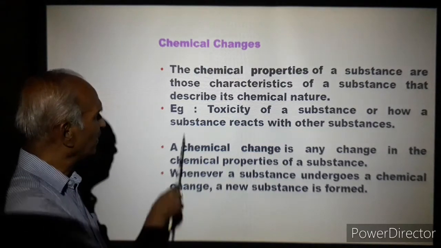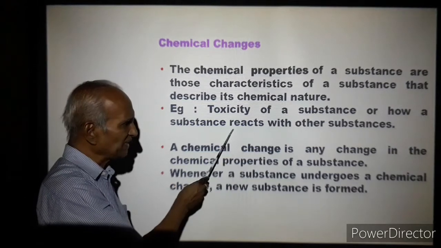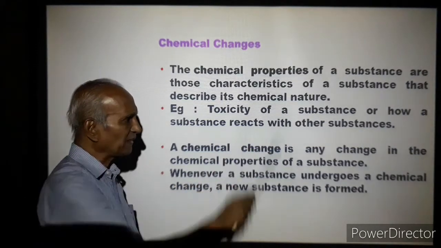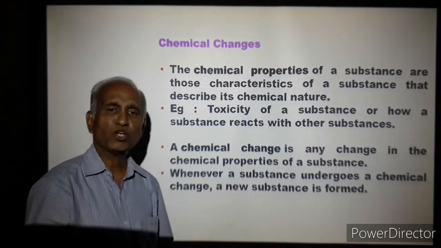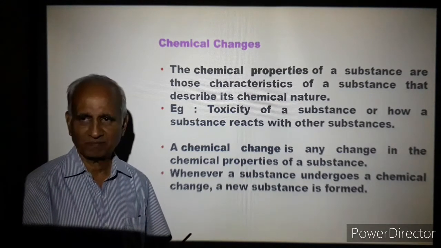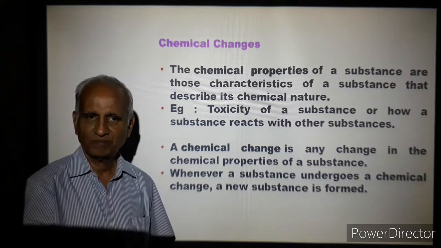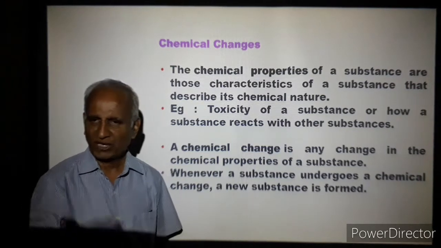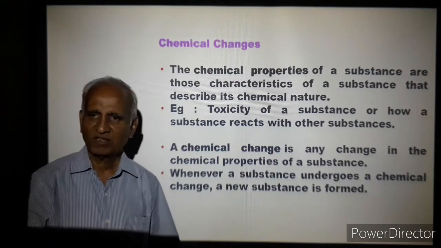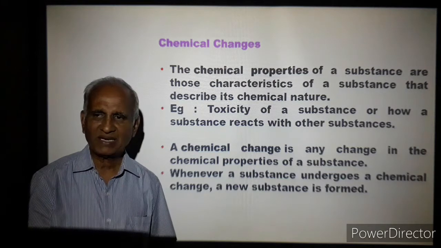Let's see. Example, toxicity of a substance or how a substance reacts with other substances. Toxicity. Toxic nature. Certain substances are toxic in nature. If you consume them, they will definitely bring about a chemical change in the chemistry of the body.